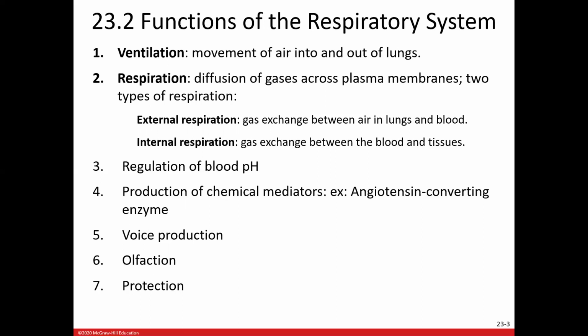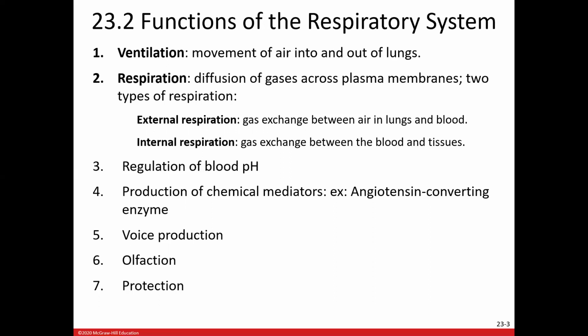Your respiratory system also is responsible for regulating blood pH if it's getting too acidic or too basic, as well as producing different kinds of chemical mediators. So if you remember from the renin, angiotensin, aldosterone mechanism from the previous unit, that enzyme that's responsible in that mechanism is produced by the respiratory system, as well as many other mediators. Additionally, your respiratory system is responsible for your voice production.